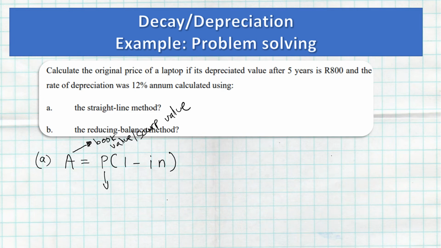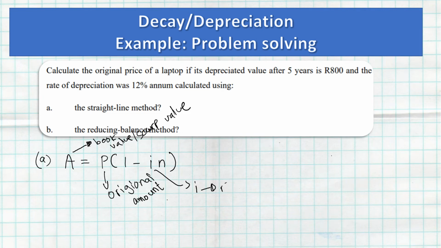So our P is the original amount of the item. So this is the original amount of an item. So our I is what?